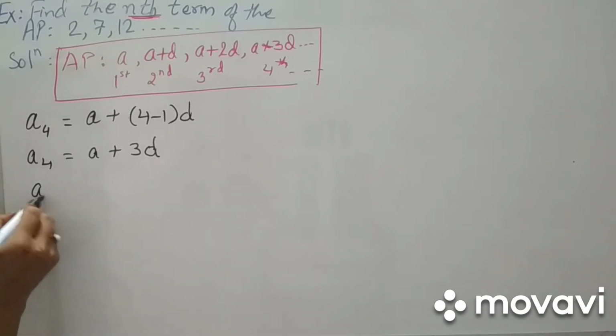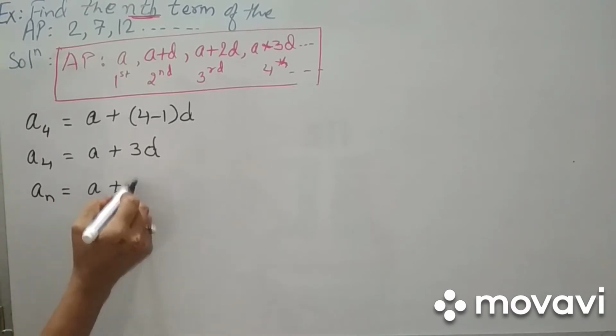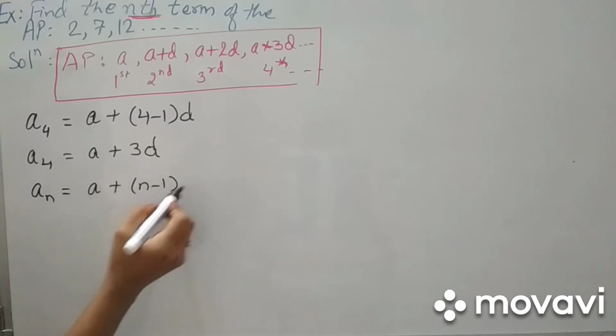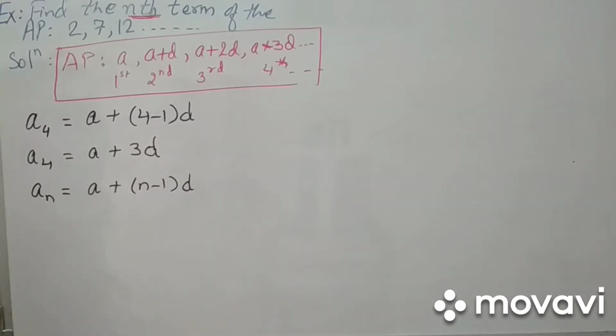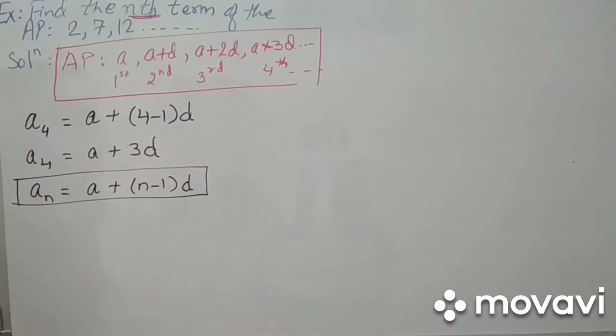In the same way, can't I write an is equal to A plus n minus 1 into D? Okay, so this is my new formula required for finding the nth term.